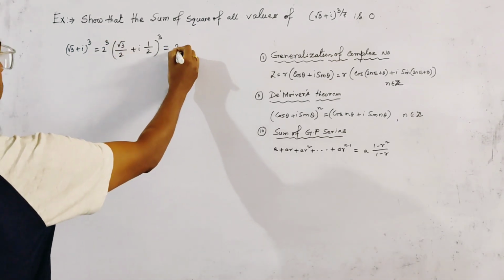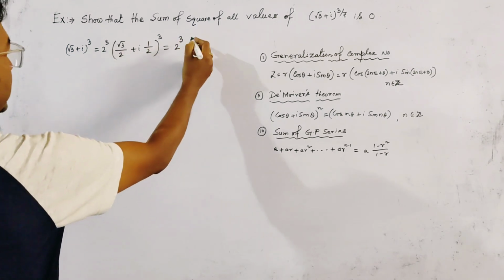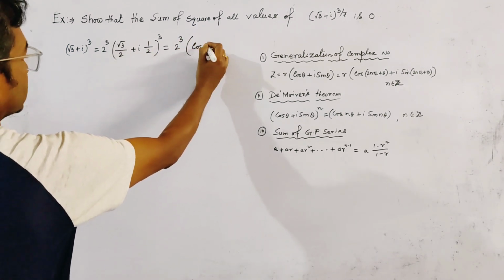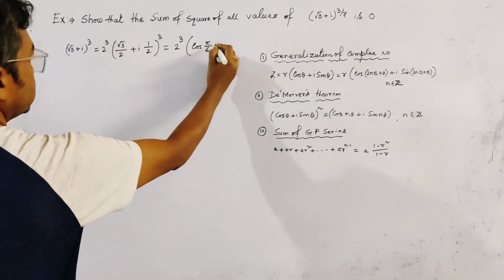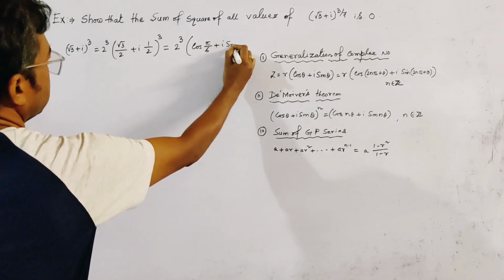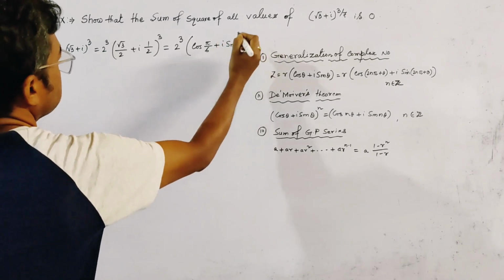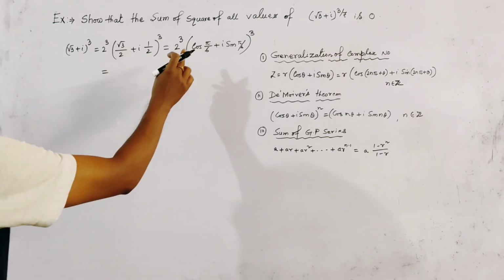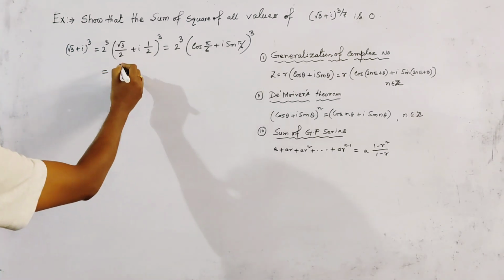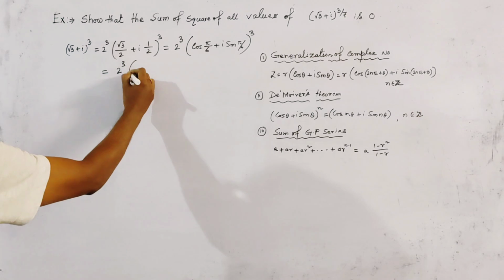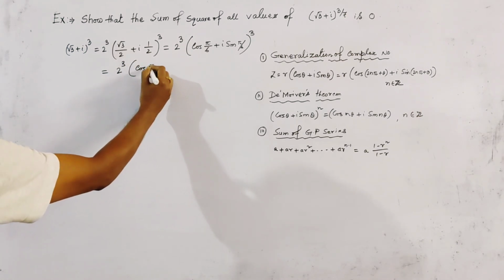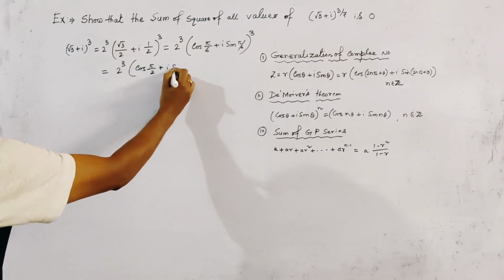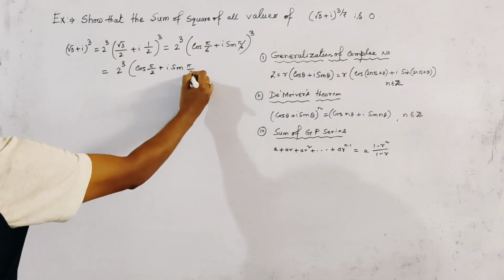And it is clear that 2 to the power 3 into (cos pi by 6 plus i sin pi by 6) whole cube. Using De Moivre's theorem, we get the result 2 to the power 3 into (cos pi by 2 plus i sin pi by 2).